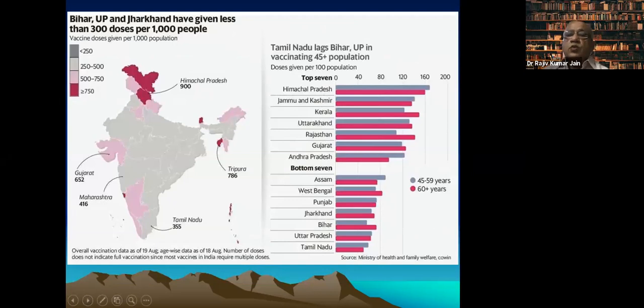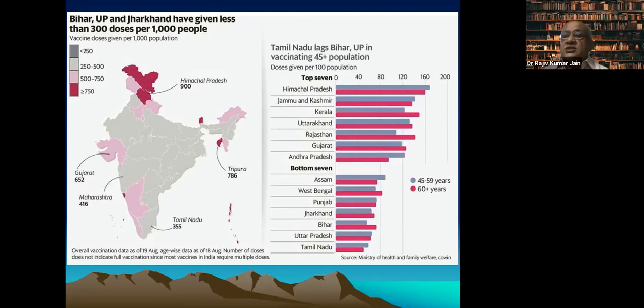This is what you are seeing, which are the top 7 states with doses given per 100 population. They are Himachal, Jammu Kashmir, Kerala, Uttarakhand, Rajasthan, Gujarat, and Andhra Pradesh. And which are the bottom 7? They are Assam, West Bengal, Punjab, Jharkhand, Bihar, Uttar Pradesh, and Tamil Nadu.